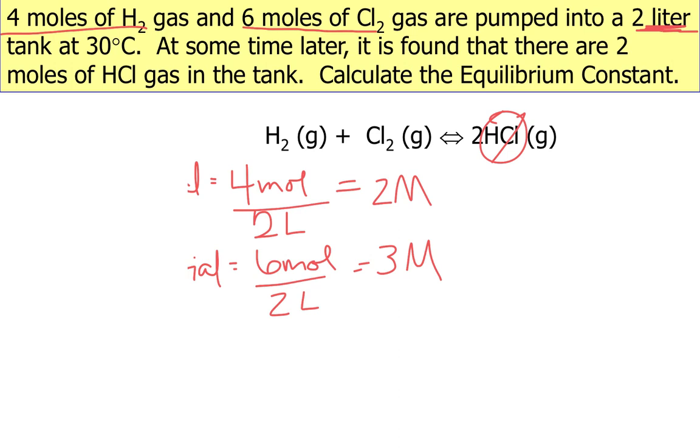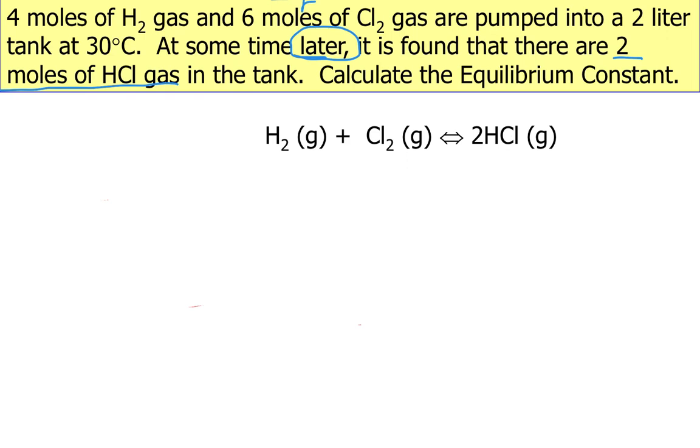By dividing the moles by the liters, we can take our 4 moles of H2 and turn that into a 2 molar concentration, and our 6 moles of Cl2 into a 3 molar concentration, since there are 2 liters of solution. One thing that comes from a more conceptual understanding is the concentration of the product. When the reaction is initially starting, there is no product, so 0 moles, 0 molarity.